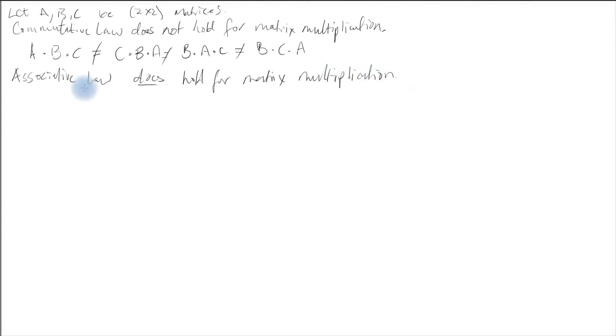This law basically says that A times B times C, so that's saying that you do A times B first, and then after we've done A times B, we multiply C, that is the same thing as if we'd first done B times C, see there in brackets, so B times C was done first, and then the matrix A was then multiplied.